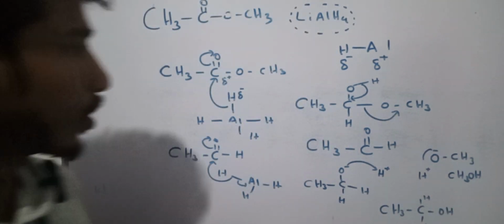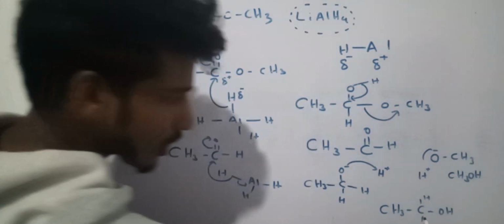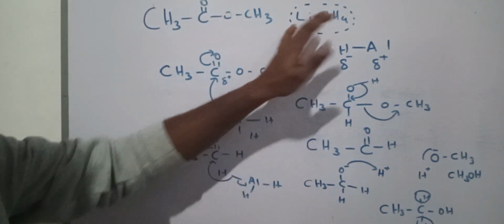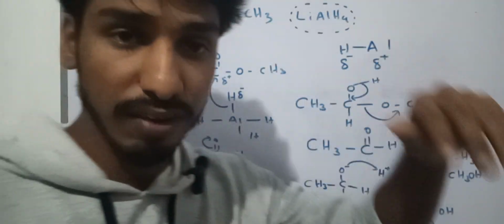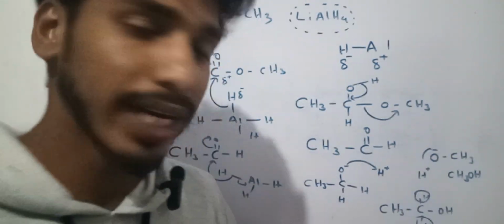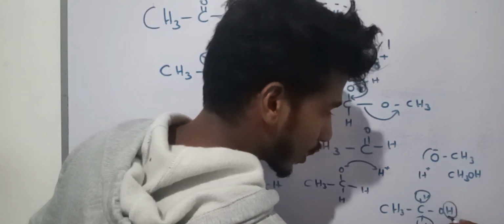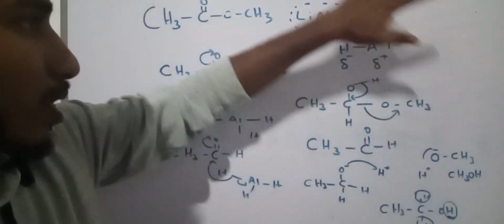The thing you should note down here is that the hydrogens substituted onto here are mainly from this AlH4. So whenever we use AlD4, we'll have deuteriums attached to them. And this hydrogen is ensured by the acidity we are providing here.